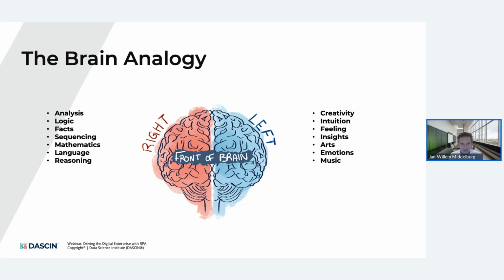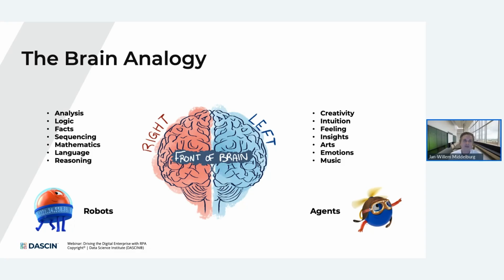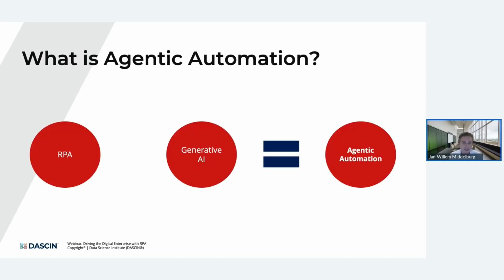Now, what we are doing in agentic solutions is combining the process-oriented workflows, which are typically rule-based and executed by robots, with decision-making and the more creative aspects, which are done by agents. And that's what you see on the right-hand side.